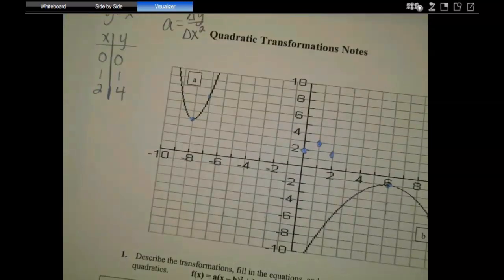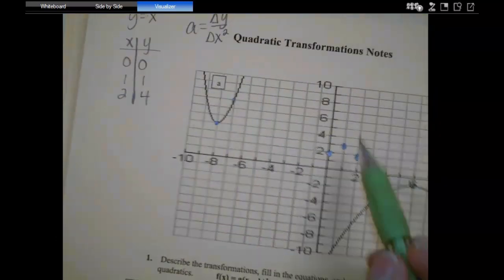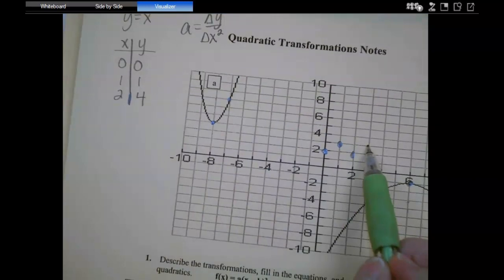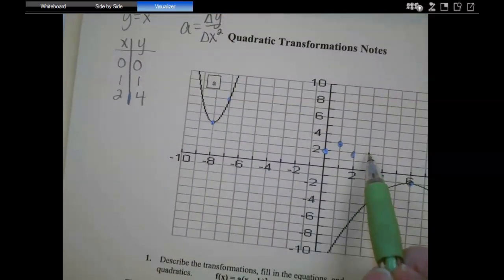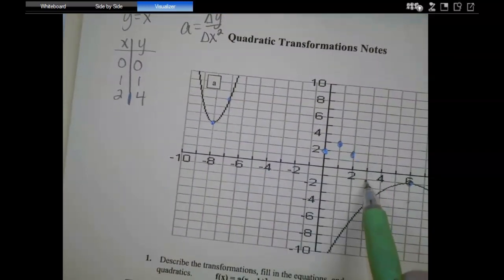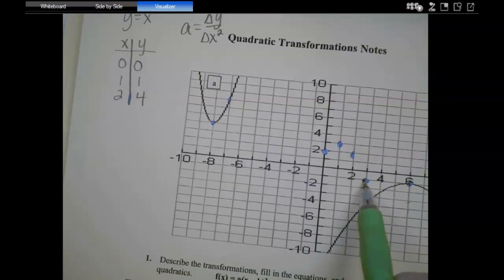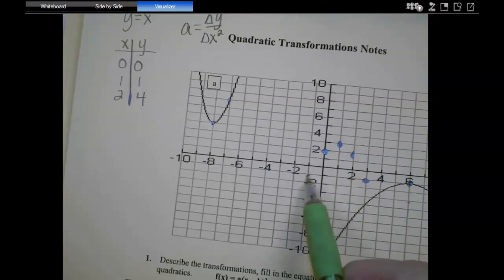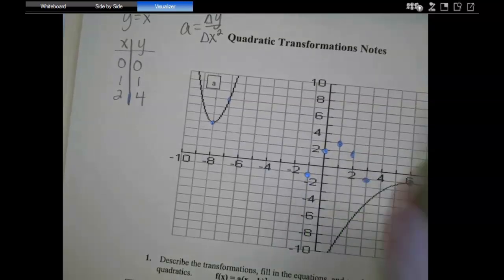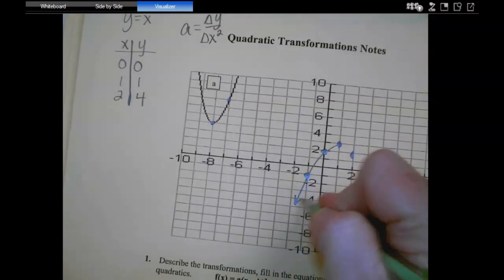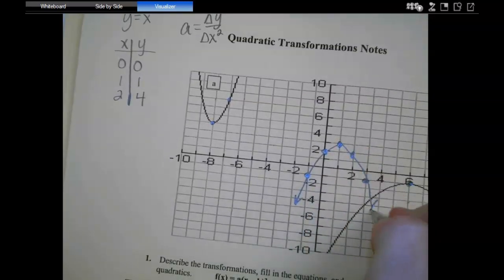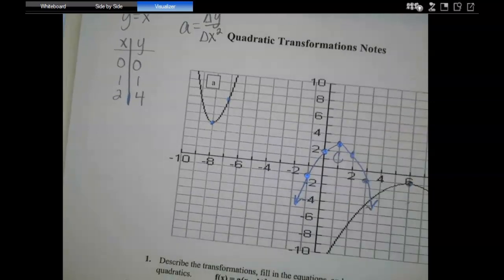But since it's down, I'm going to count over 2 and down how many? 2, 3, 4. And once I get that point, I get one on the other side as well, correct? So right here gives me that parabola.